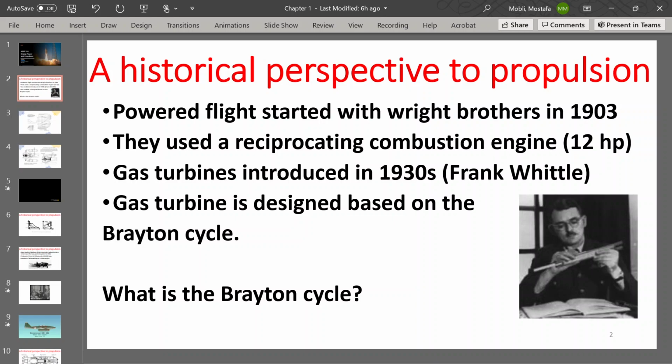So in order to combat this efficiency problem, this guy, Frank Whittle, a British guy actually, came up with the idea of the jet engines, right? He actually patented the jet engines and gas turbines in general. He patented the jet engine, but the Germans beat them in manufacturing the engine.